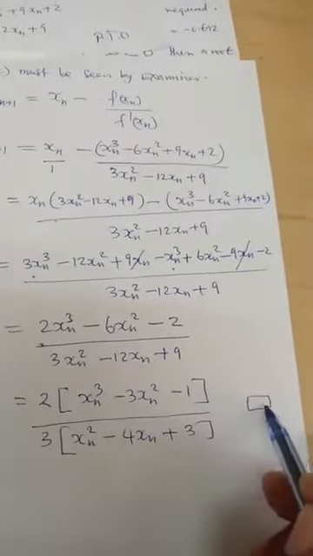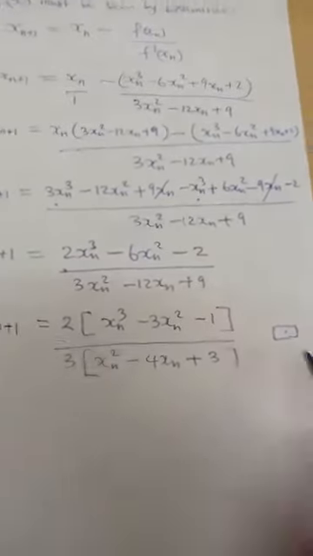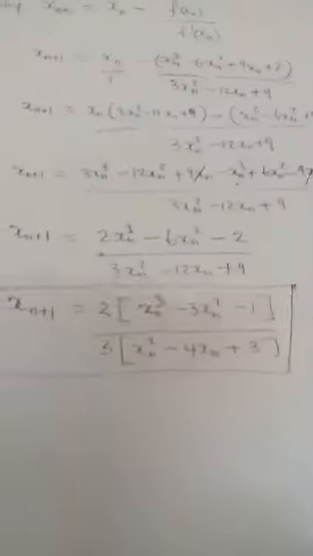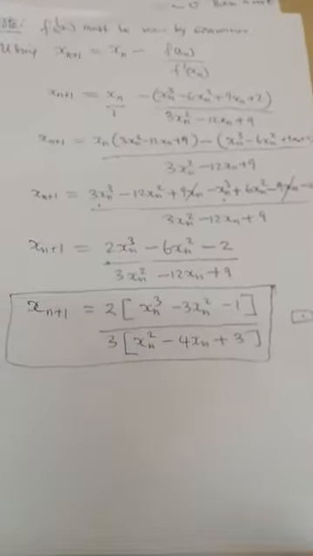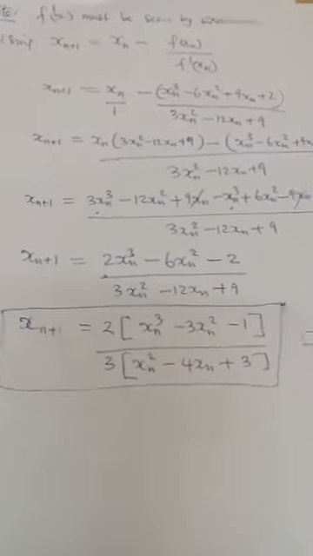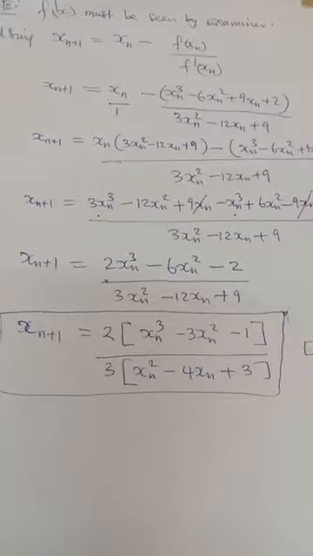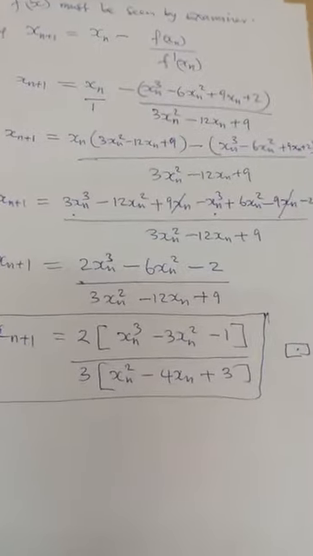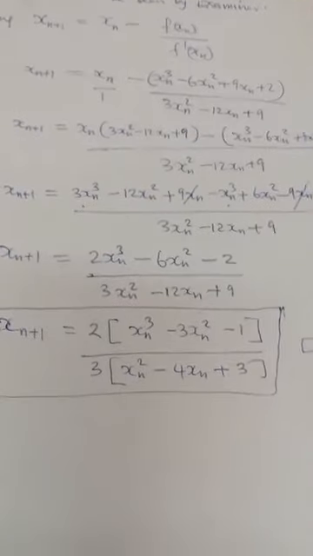And this is as required. So this gives us what they wanted us to show. It takes us to the point where they wanted us to show that the formula required for approximating the root is given by that.